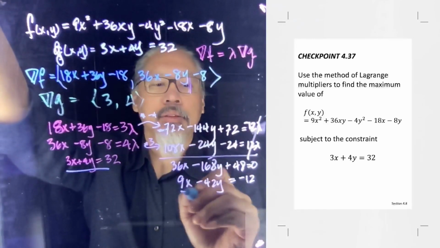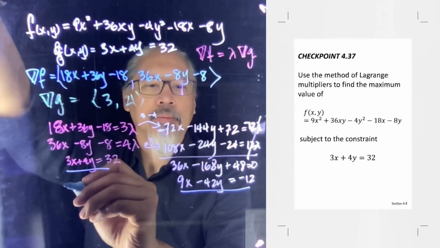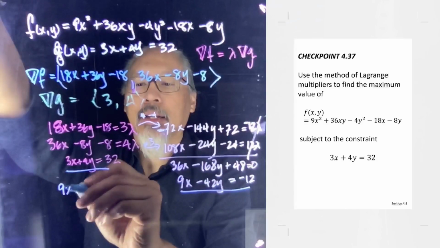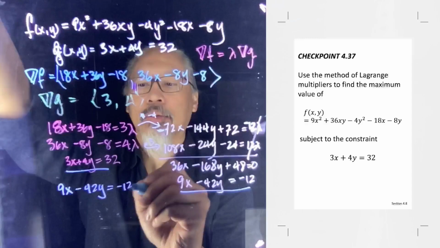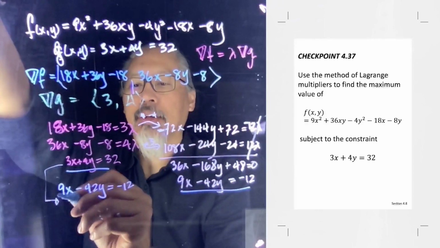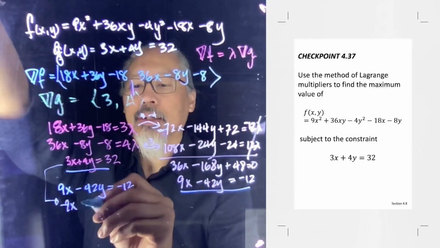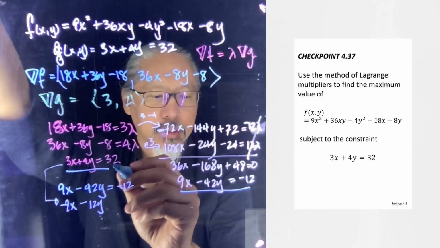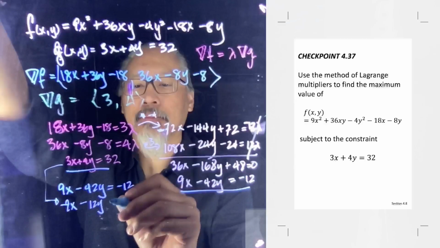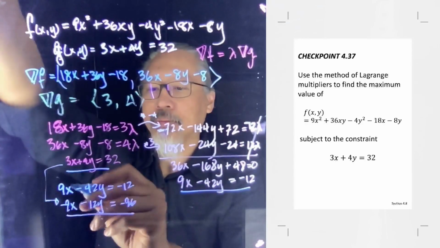So now we will have two equations. We'll use these two equations, and this would be 9x minus 42y equals negative 12, and let's multiply this already by negative 3 so that this will be negative 9x minus 12y, and negative 3 is negative 96. So when we combine it, the x will be gone.